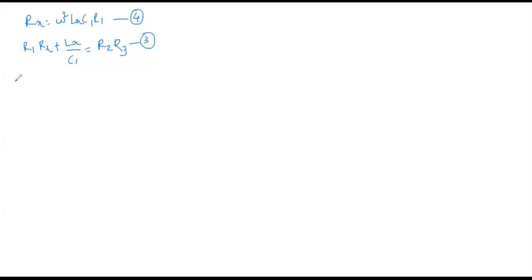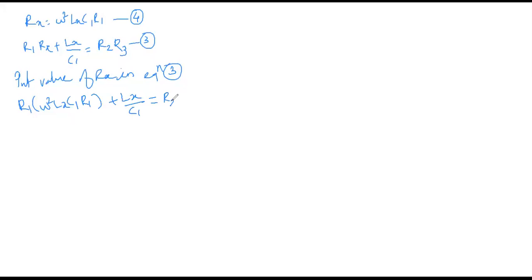Okay, so what we are going to do, we are going to place the value of equation 4 in equation 3. Okay, so put the value of Rx in equation 3. So what we get here: R1 into bracket omega square Lx C1 R1 plus Lx divided by C1 is equal to R2 R3. Okay, so solve the equation.